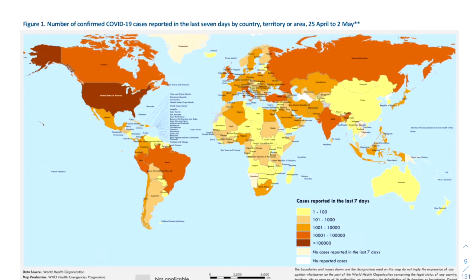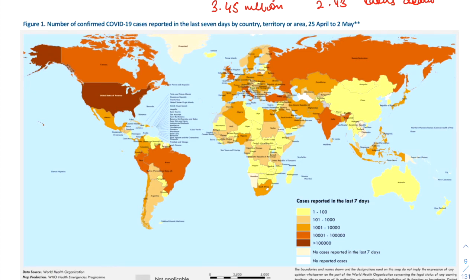The data, as per situation reports submitted by WHO on 2nd May 2020, shows that the total number of confirmed cases till date are around 3.45 million, with around 2.43 lakh deaths. This is the latest data as on 2nd May 2020.